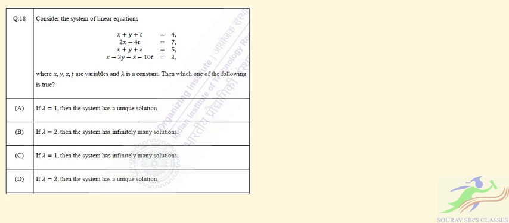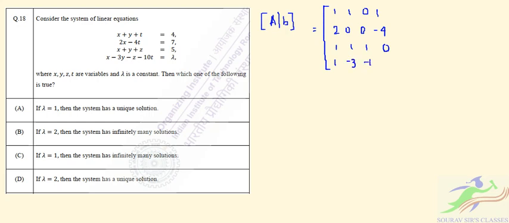The first row is 1, 1, 0, 1; the second row is 2, 0, 0, 4; the third row is 1, 1, 1, 0; the fourth row is 1, minus 3, minus 1, minus 10.